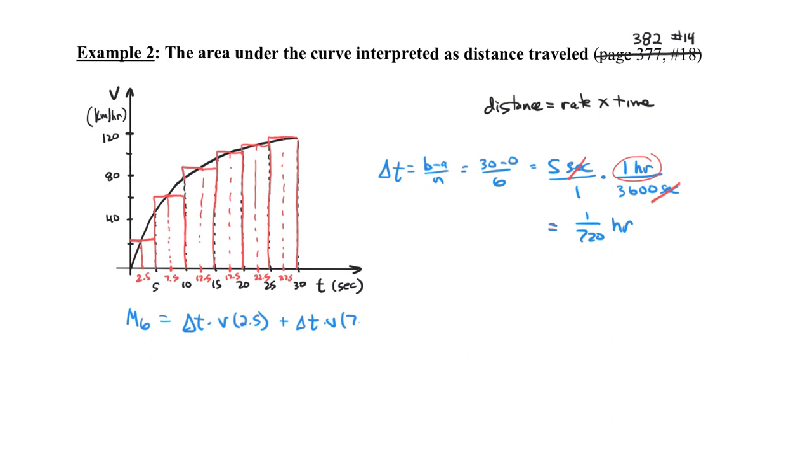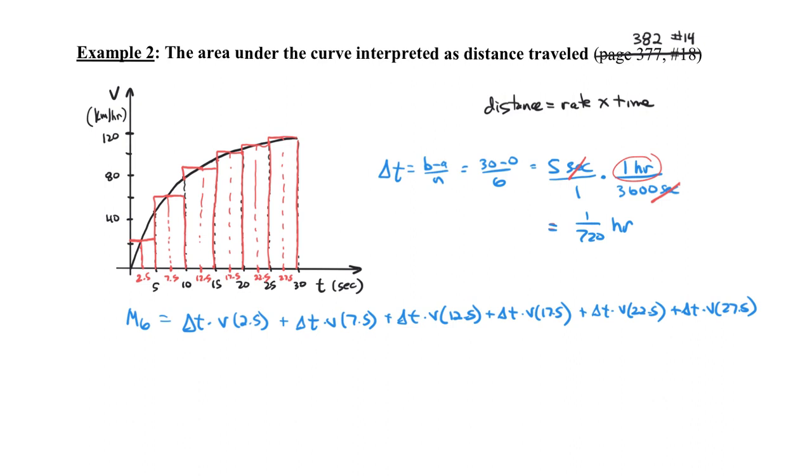So times the velocity at 7.5, plus delta t times the velocity at 12.5. We go right down the line: delta t times the velocity at 17.5, delta t times the velocity at 22.5, plus delta t times the velocity at 27.5.